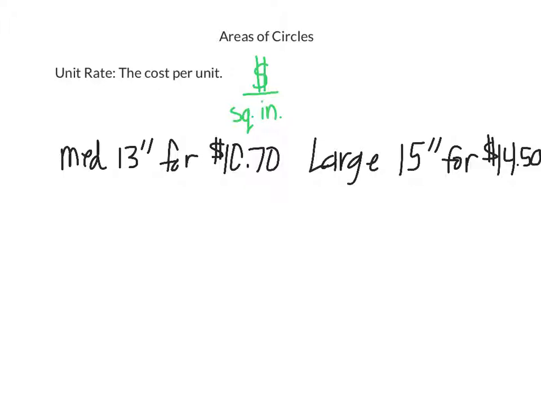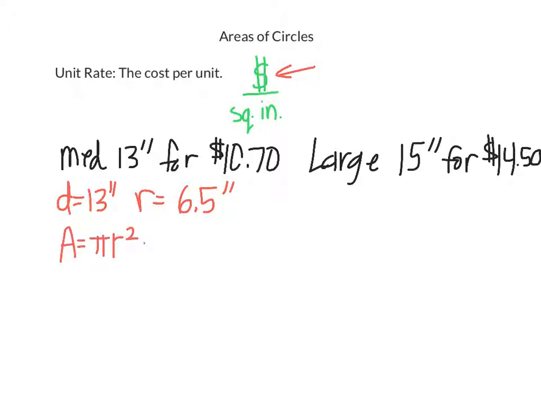So first we need to calculate the area because we know the cost already. And we need to divide 10.70 by the number of square inches. Well, we don't know the square inches yet. So remember that pizzas are measured by diameter. So since the diameter is 13 inches, the radius is 6.5 inches. So area equals pi r squared, so 3.14 times 6.5 squared.